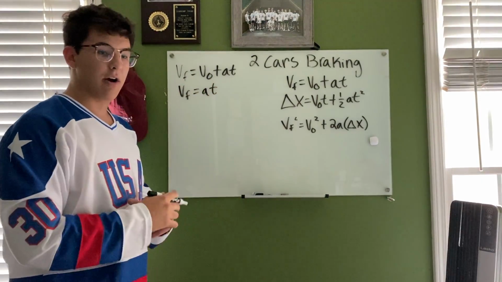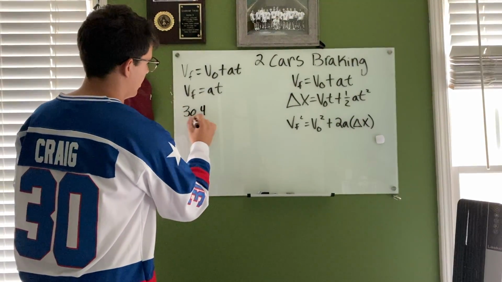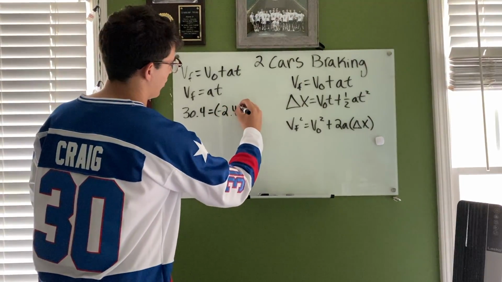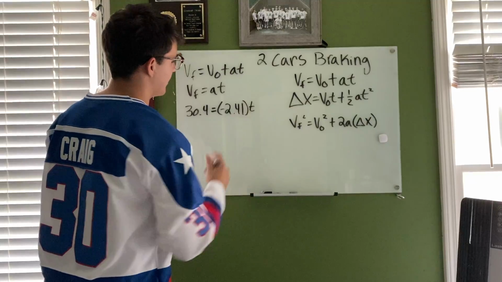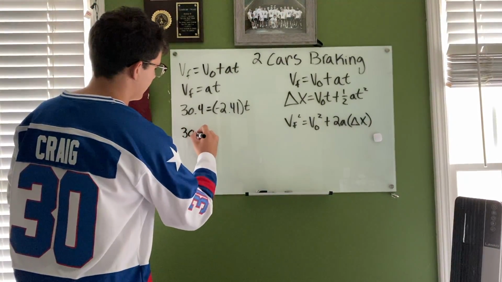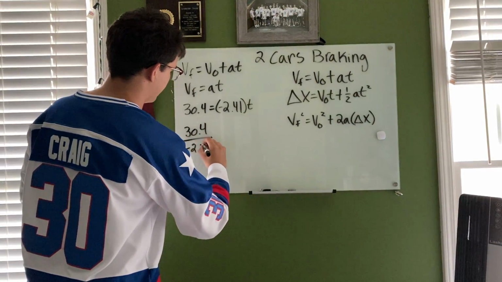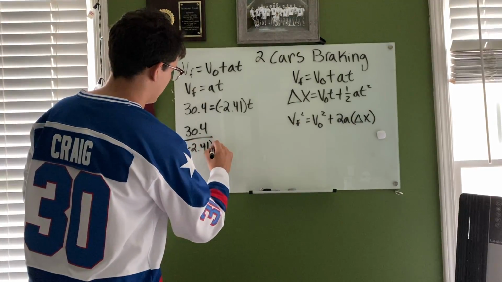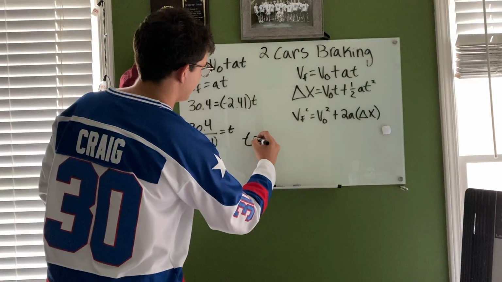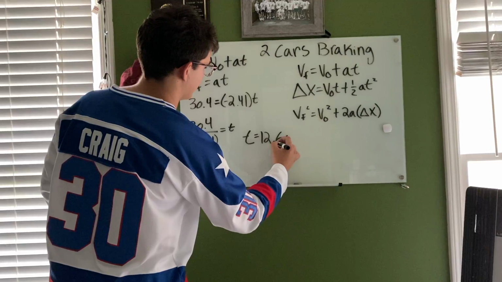We plug in our values, so we have 30.4 is equal to negative 2.41 t. Now if we do this algebraically, we see that 30.4 over negative 2.41 is going to equal t, and then we find that t is equal to 12.6 seconds.